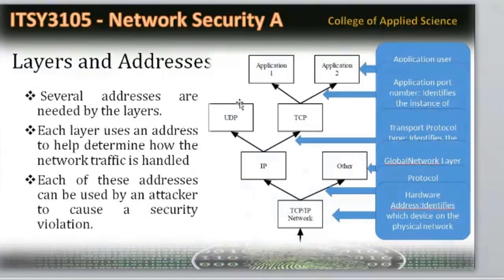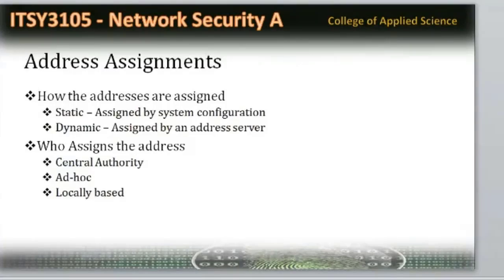Now, we are going to continue with the addressing, the address assignment, meaning IP address assignment. We'll focus on the IP address now. There are two methods available for assigning an IP address. The first method is the static method.